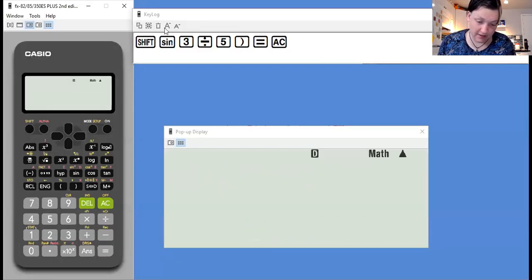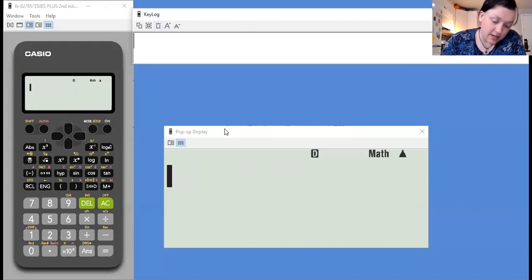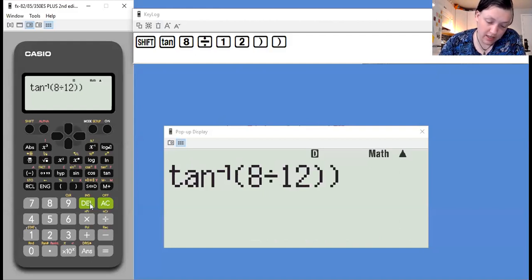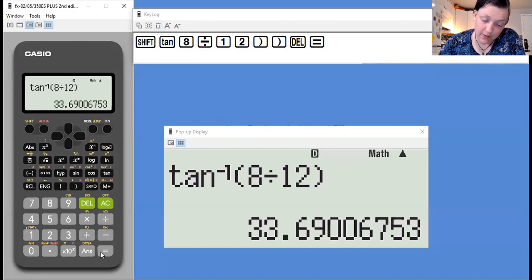And I entered in, let me just clear this out. So I used that shift button again to get my tangent inverse function instead of my tangent function. And then I entered 8 over 12. And I got 33.6900, and so on.